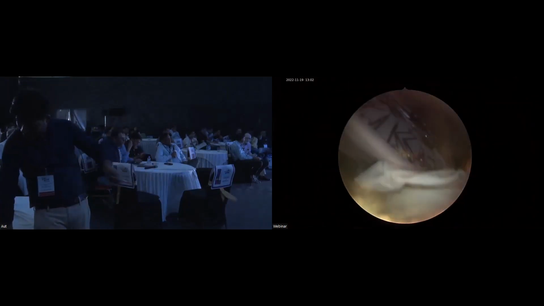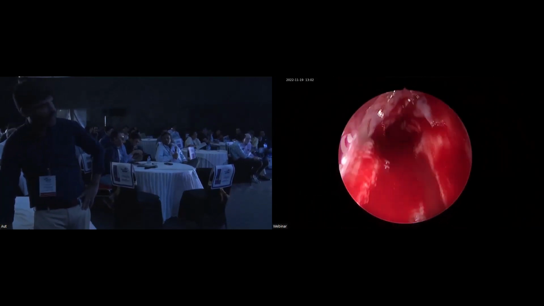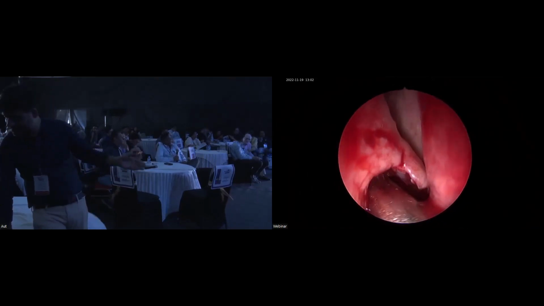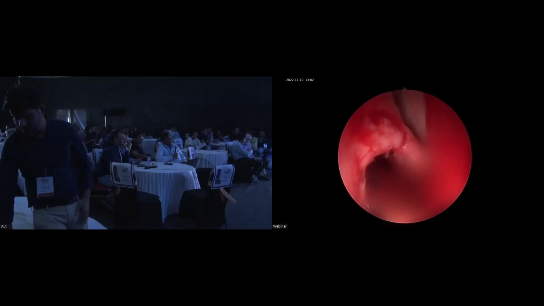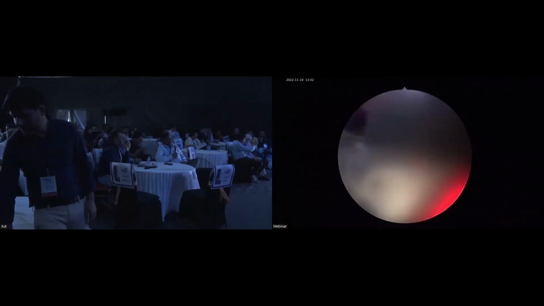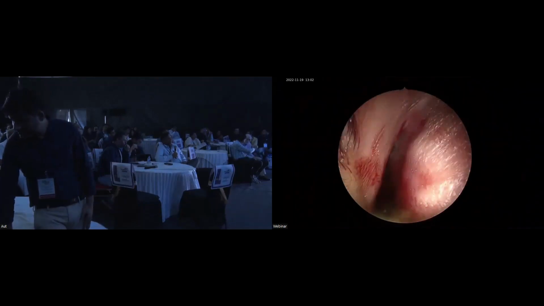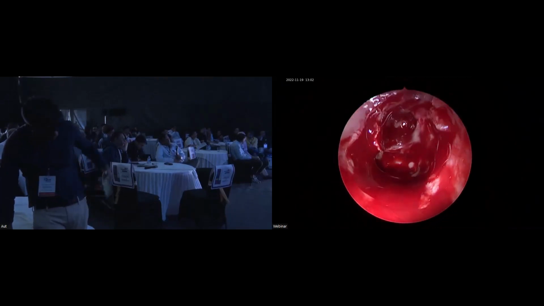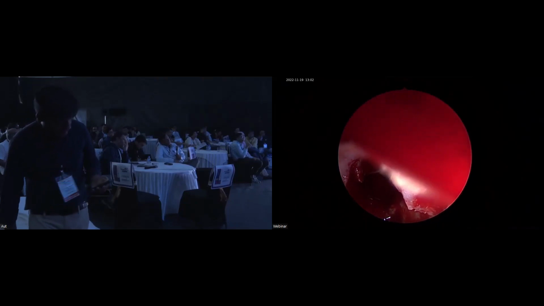Gauze piece, please. So clean then. I want to clean the scope. You can see I'm almost reaching.